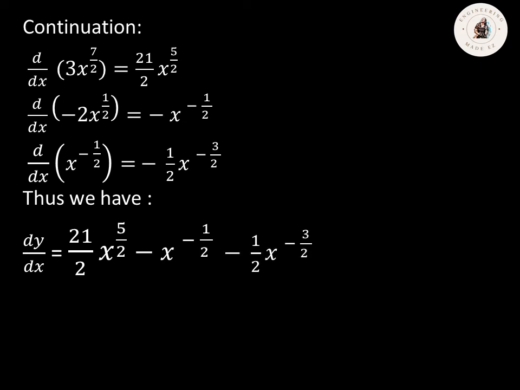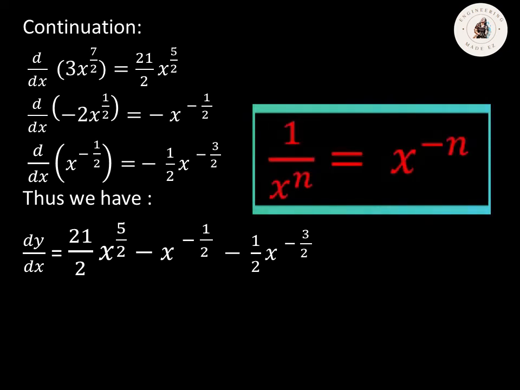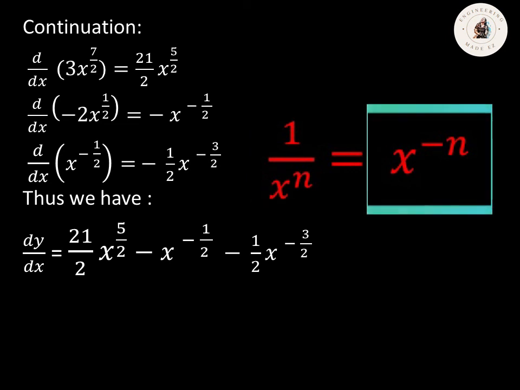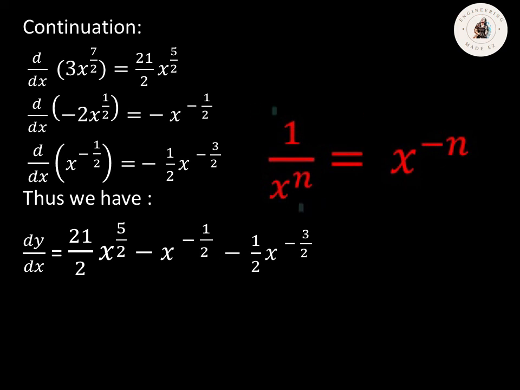To convert this into a form in which we don't have a negative exponent, we're going to use the formula we discussed a while ago, in which if we have x raised to the power of negative n, to convert that into a fractional form, we have 1 over x raised to the power of n.